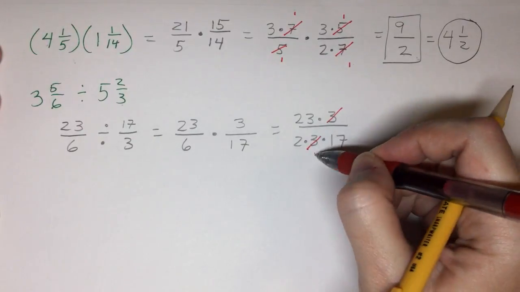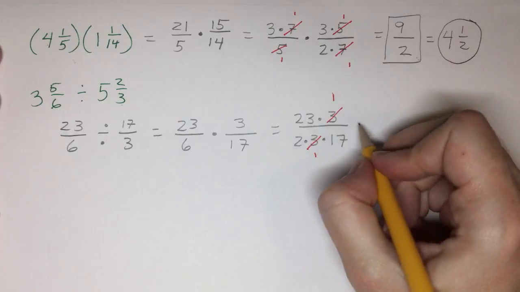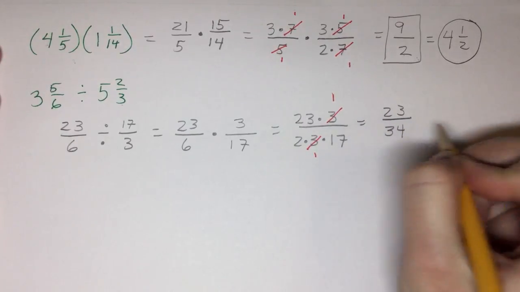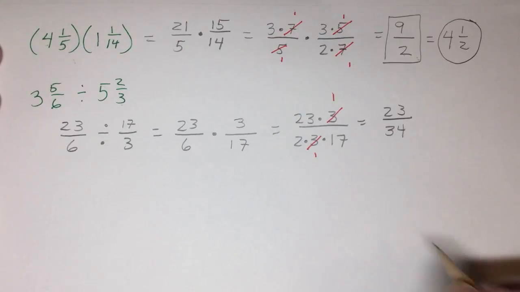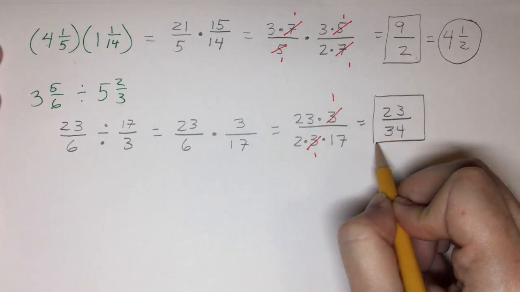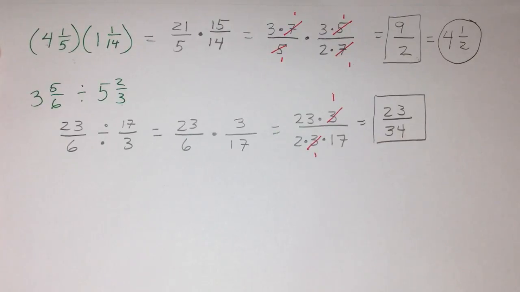I can divide out one of those 3's. I have 23 over 2 times 17, 34. Because I'd had my prime factors here, I know that this is simplified. So, mixed numbers, convert to improper fractions first, and then handle just the way you would improper fractions.